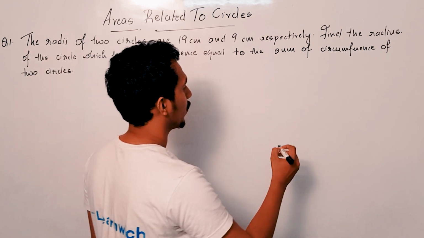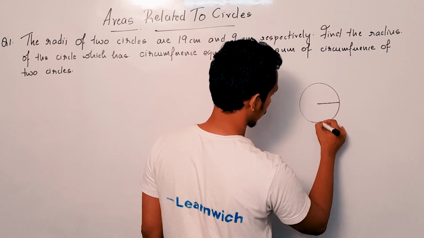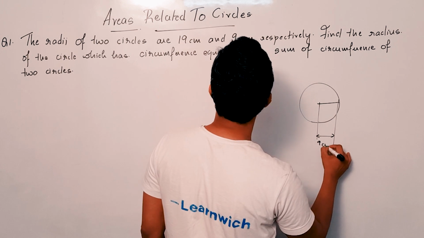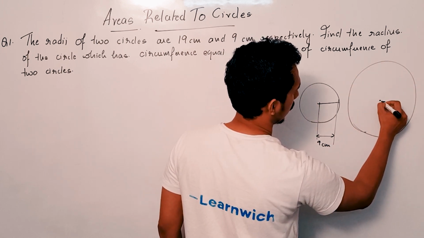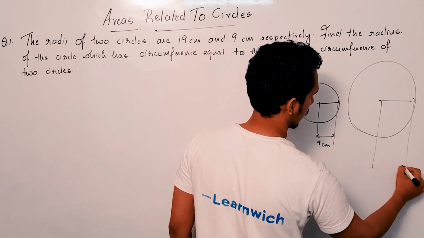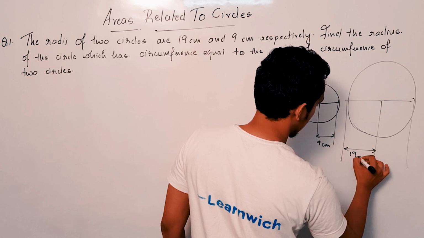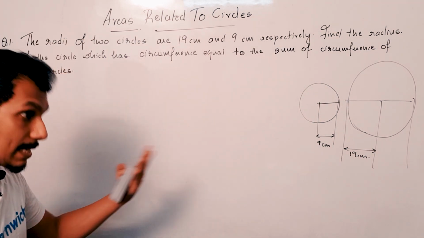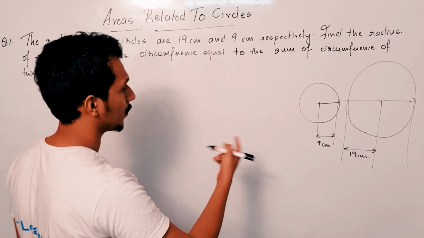Okay, so we have two circles here, one with radius 9 centimeter and the other with a radius of 19 centimeter. You have to find out the radius of that circle whose circumference is the sum of circumference of these two circles.